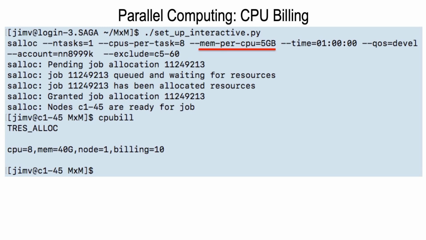Let's request the same job as before, but with an increased memory allocation to 5 gigabytes. By using the alias cpu-bill, we can observe that the billing factor has increased to 10, indicating that the CPU time is now 10 times longer than the wall time. This highlights the impact of memory on the CPU time.